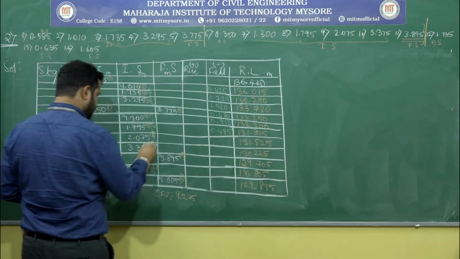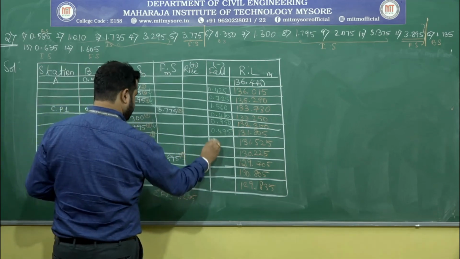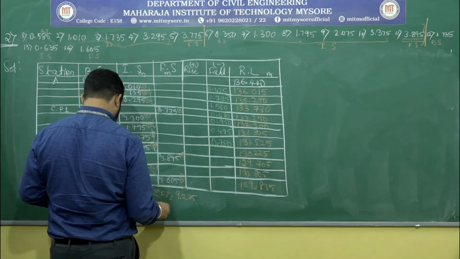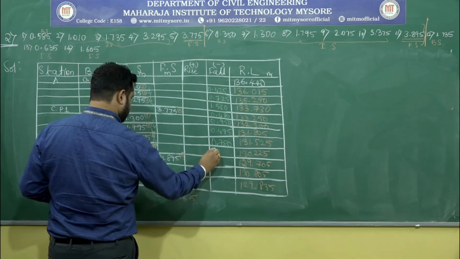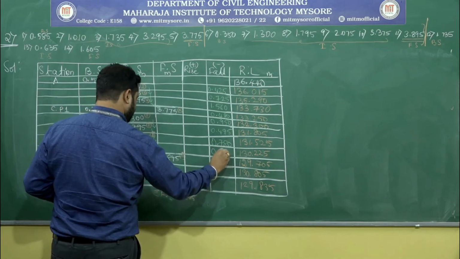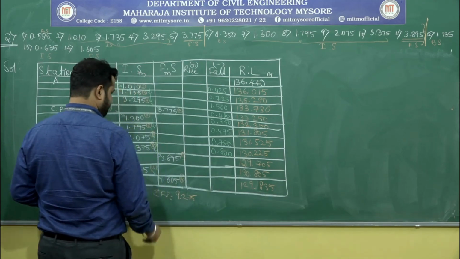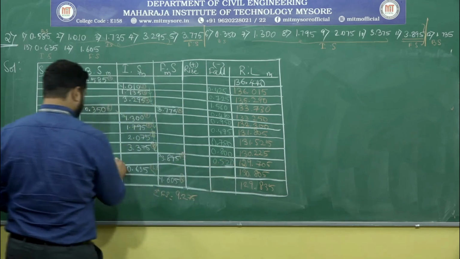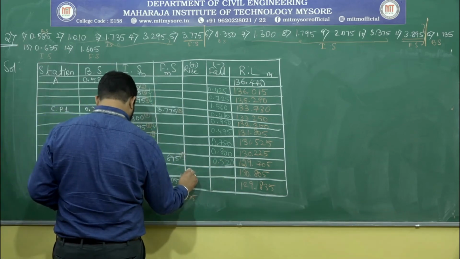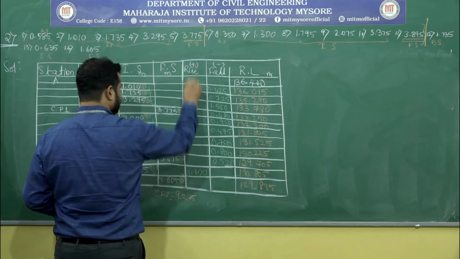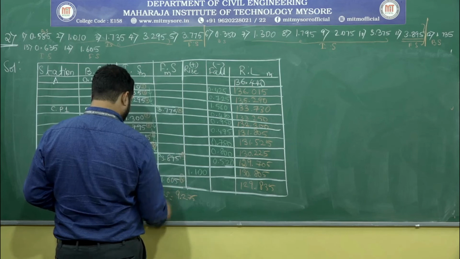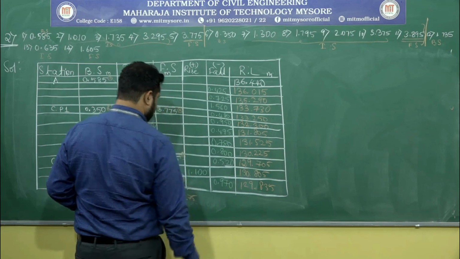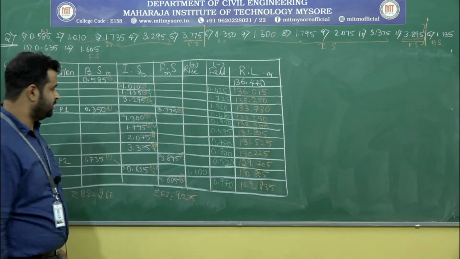Next 9 minus 10 you will get 0.780. 10 minus 11 you will get 0.800. Then 0.520. 12 minus 13 you will get plus 1.100, that's why I am writing under rise. Next 13 minus 14 you will get minus 0.970. So these are your rise and fall.